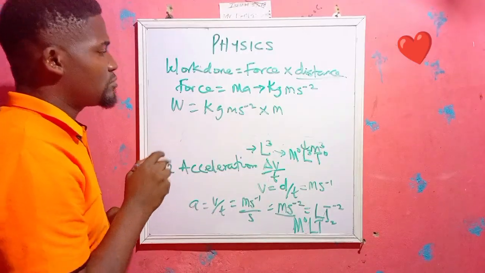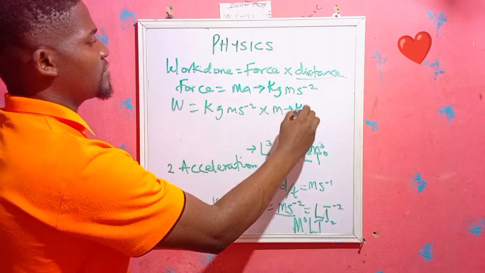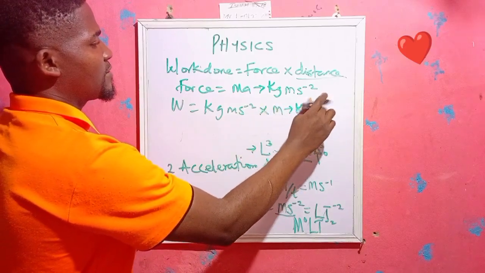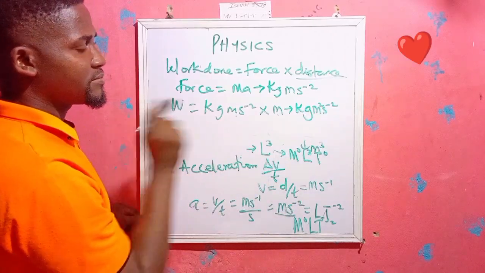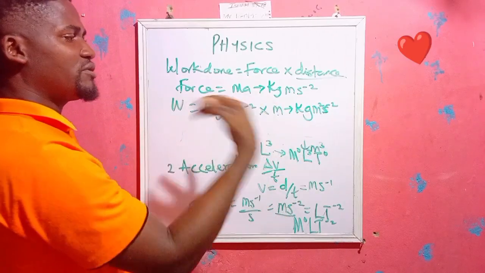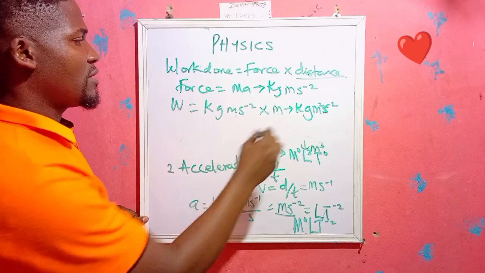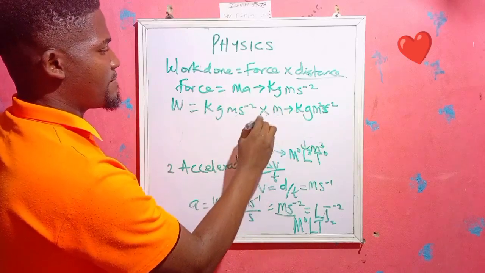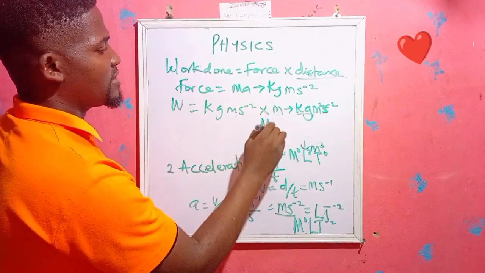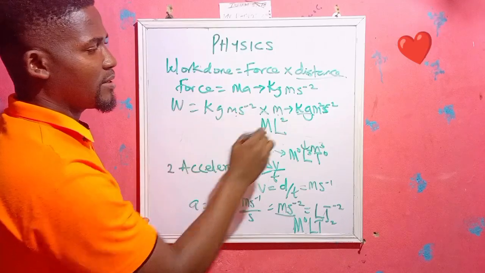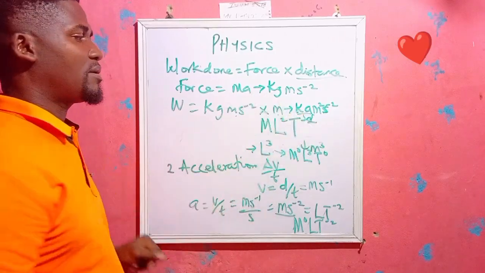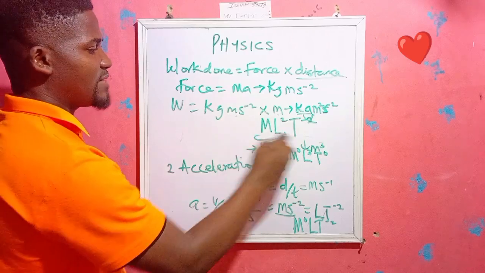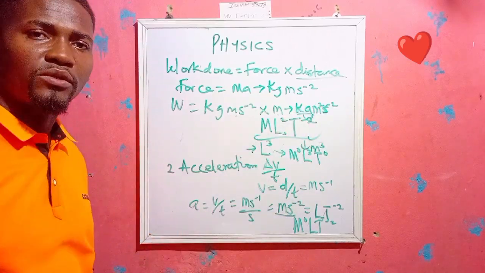Okay, so this becomes kg meter square per second square. I hope you're following. Now let's change it back to dimensions. Kilogram is what? M. Okay, meter square is what? L square. And per second square is what? T raised to the power minus 2. This will be the dimension for work done.